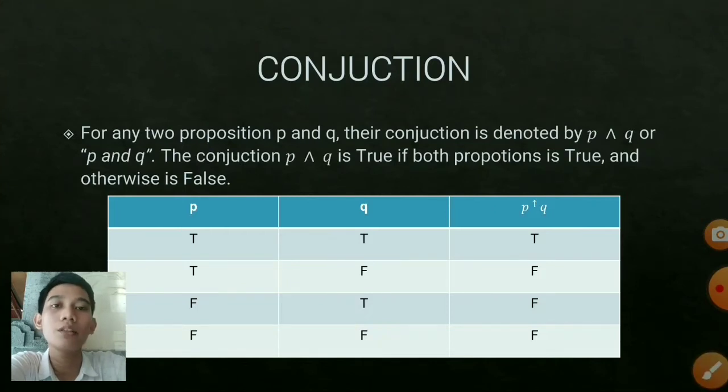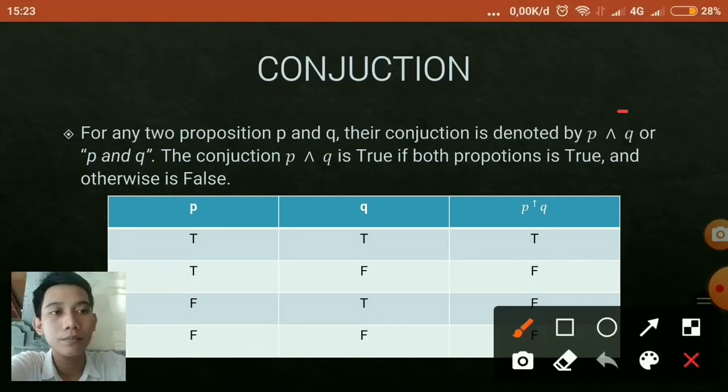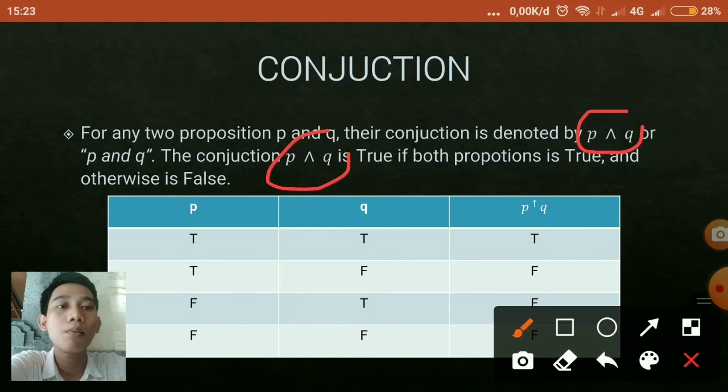Next, conjunction. For any propositions P and Q, their conjunction is denoted by this, or P and Q. The conjunction P and Q is true if both propositions are true, and otherwise is false.